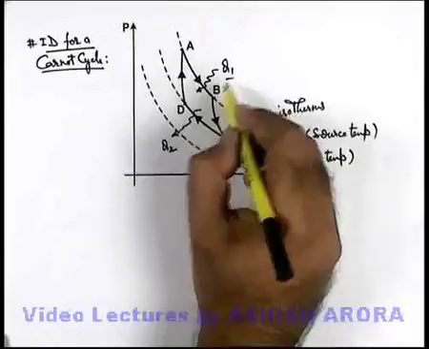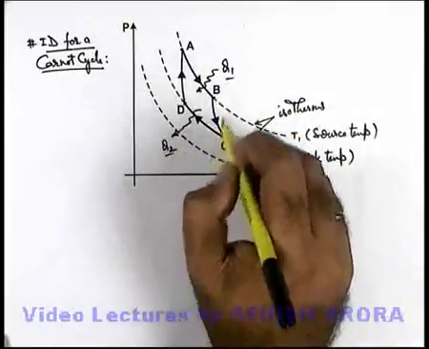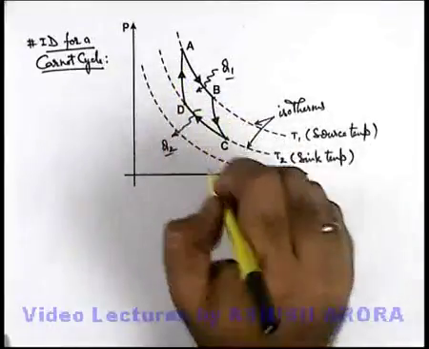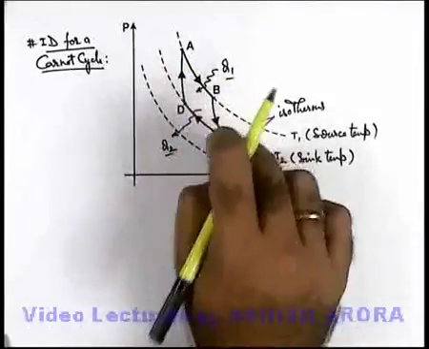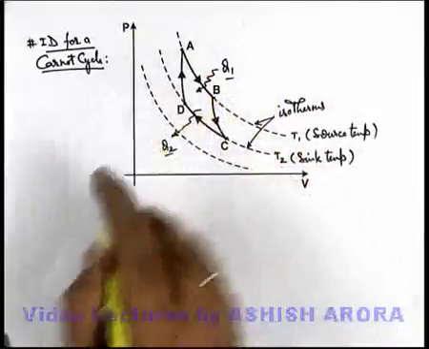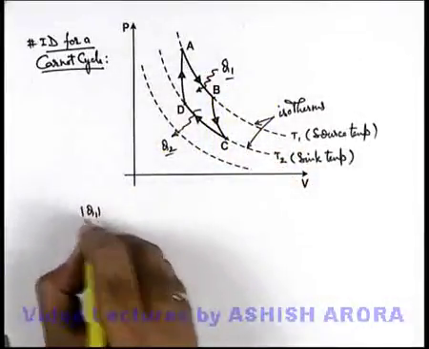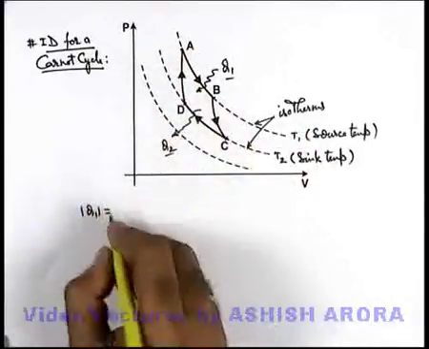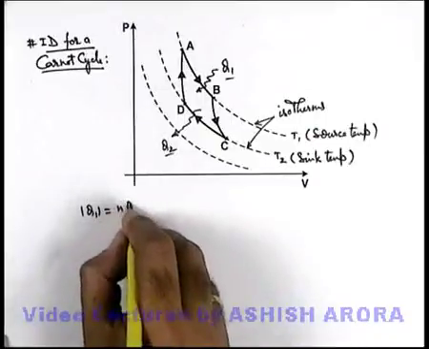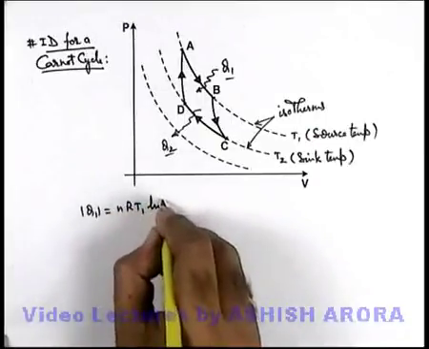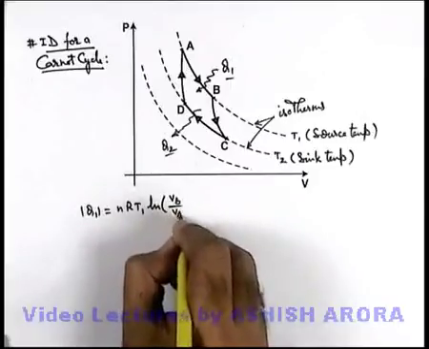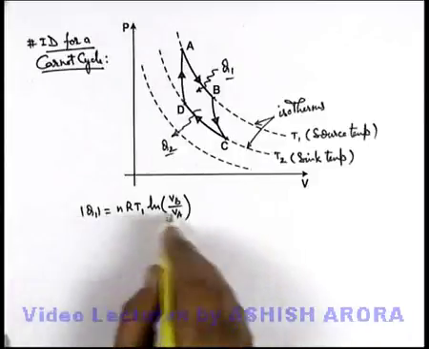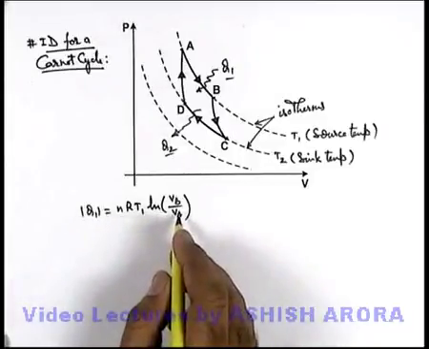In this situation, only two heats are involved, Q1 and Q2, and as processes BC and DA are adiabatic, no heat exchange will take place during adiabatic processes. We can easily find the magnitudes of Q1 and Q2, as these are isothermal processes. Process AB is carried out at source temperature, so its heat can be written as nRT1 ln of VB upon VA. That is the expression we already studied for heat supplied in isothermal expansion.